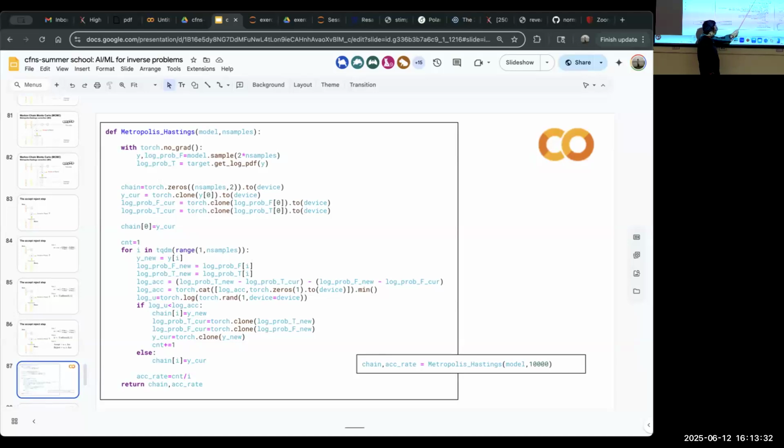I will let you go through the lines by yourself, but what I wrote here is identical to what I just said in a few slides before. And then you just feed the model, give me 10,000 events, give me the acceptance rate, and also give me the chain. And from the chain, you can start plotting. So I will give you another 10 minutes or so to deal with it.